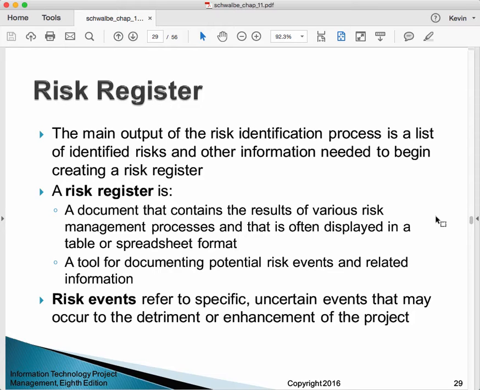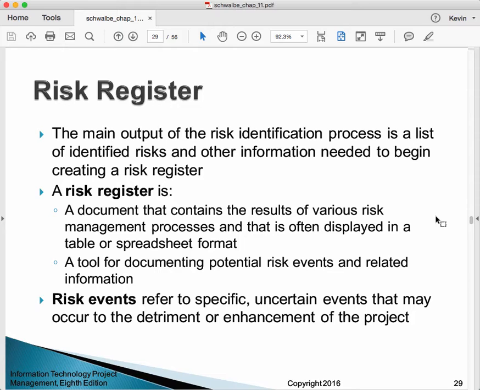The main output of a risk identification process is a list of identified risks and other information needed to begin creating a risk register. A risk register is a document that contains the results of various risk management processes, and this is often displayed in a table or spreadsheet format. It's a tool for documenting potential risk events and related information.